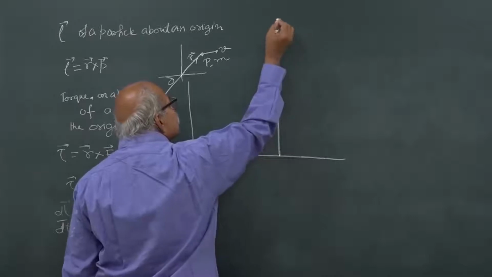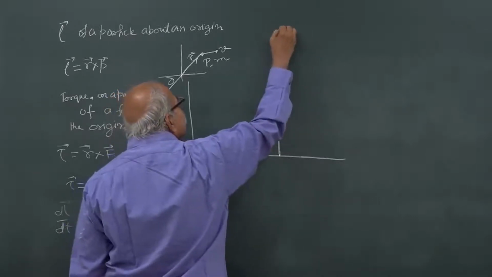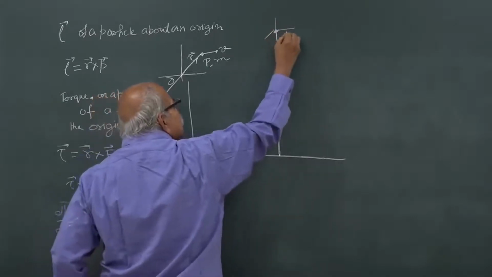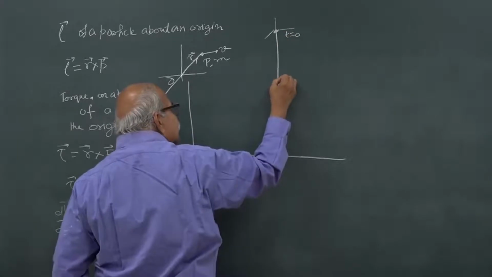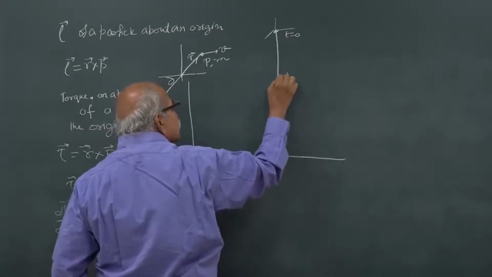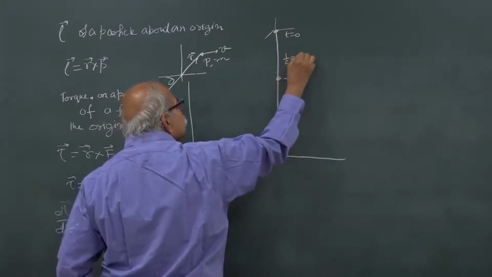It is dropped from here, and we can take the origin right here, and then x axis, y axis, and z axis, and if this is time t equal to 0, at a certain time t, it will be here. So, this is at time t, and this distance is half g t square.